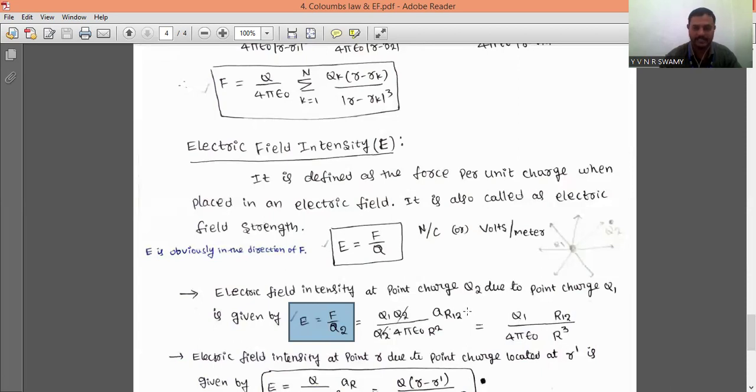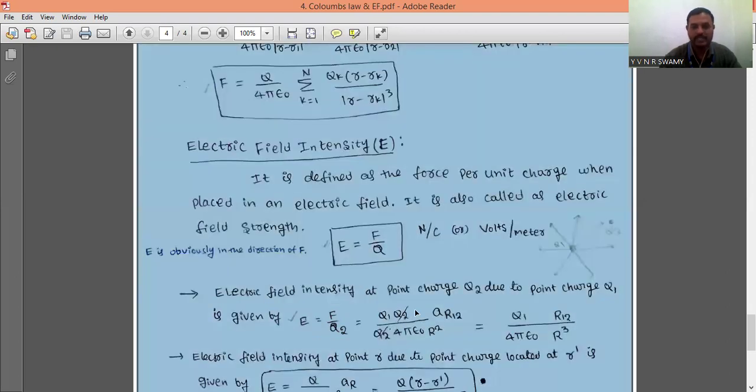Then Q2 and Q2 will cancel. The obtained formula is Q1 by 4 pi epsilon naught r square along the a r12 direction. Here a suffix r12 can be written as r12 by mod r whole cube.